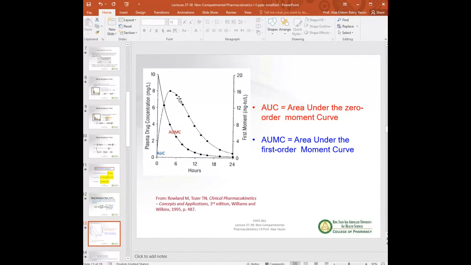So forget this part as if it is not present. This is the observed plasma concentration over time, the left graph on the left y-axis. This is the normal plot between plasma drug concentration and time.